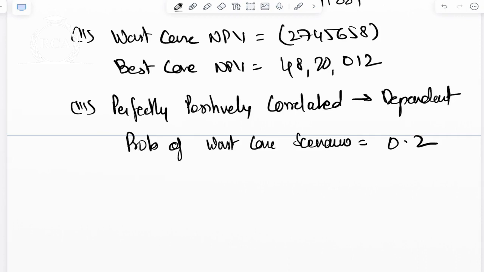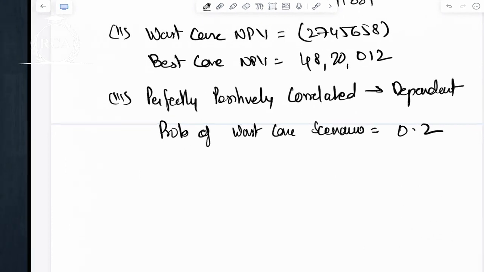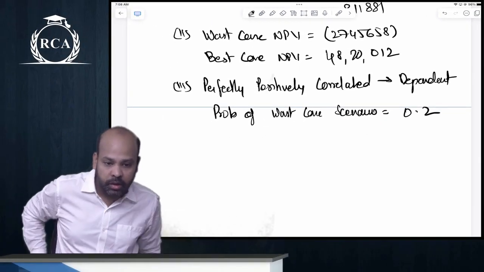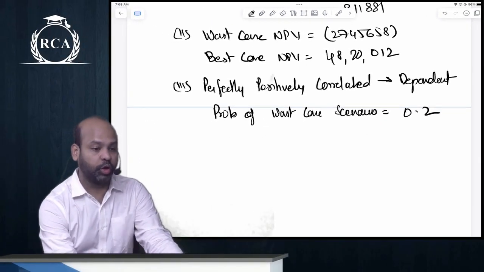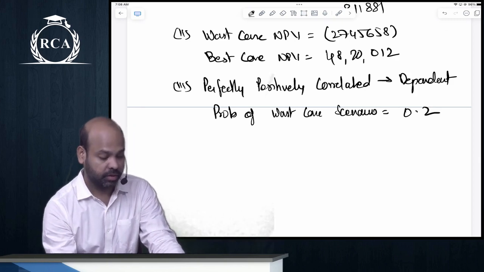Write the next heading beta in your concept book. Simulation. Simulation. What do you understand by the word simulation, guys?